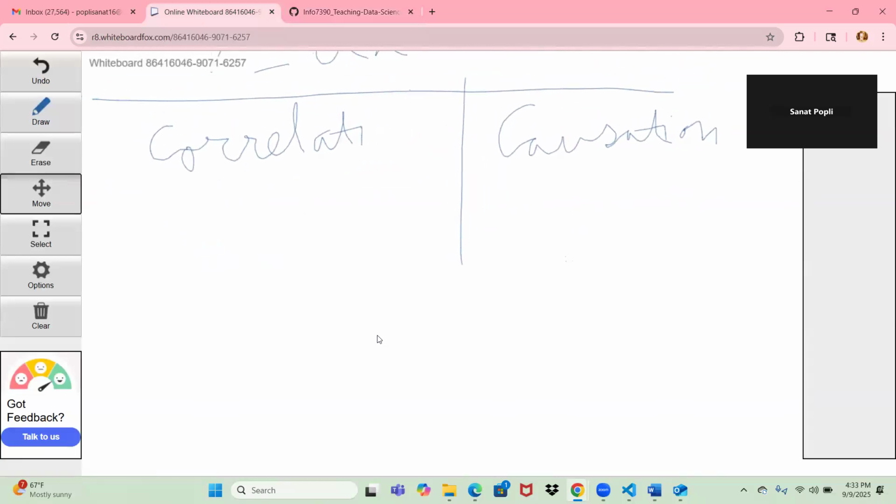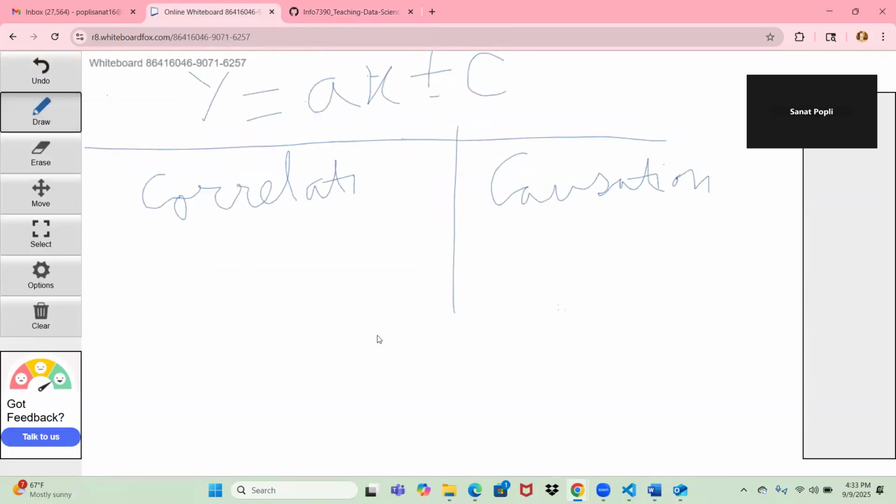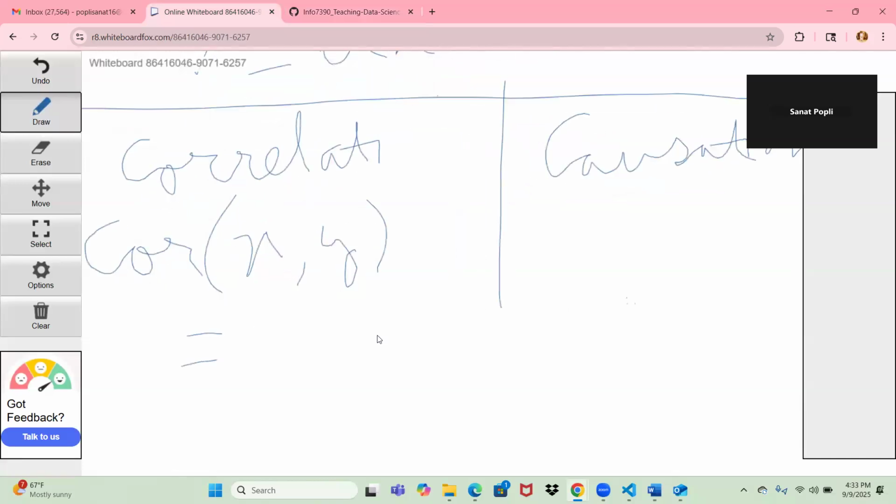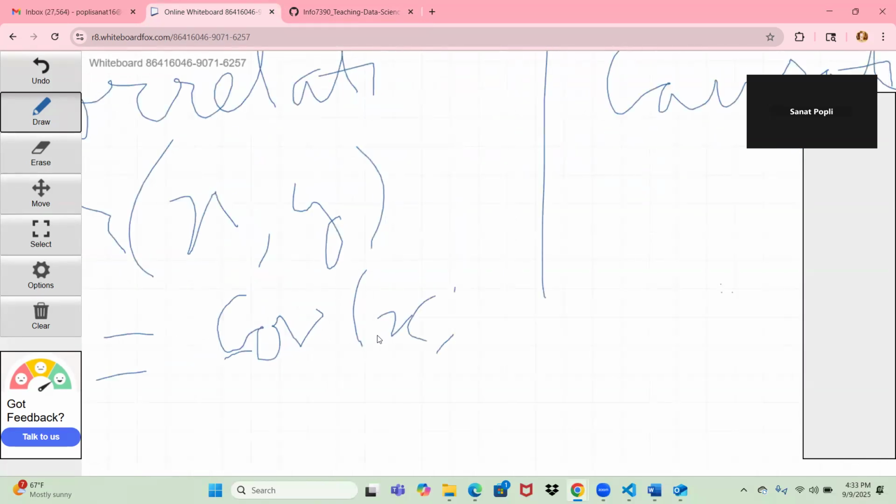So, correlation of x and y is equal to covariance of x comma y upon standard deviation of x into standard deviation of y.